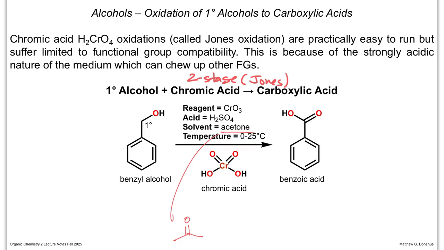Remember, it can't do anything. It can't be oxidized. That's the solvent. We use chromium trioxide, and sulfuric acid will react together to make this thing called chromic acid. So H2CrO4, that's chromic acid.